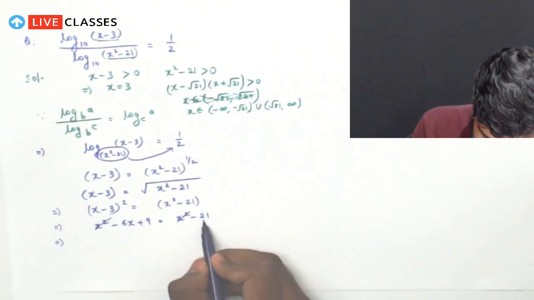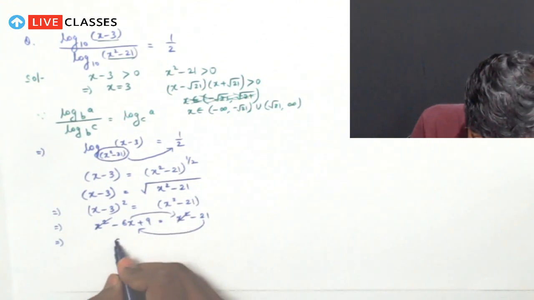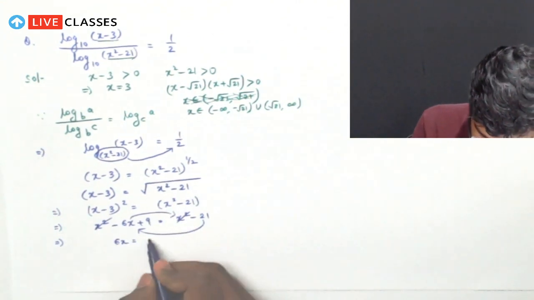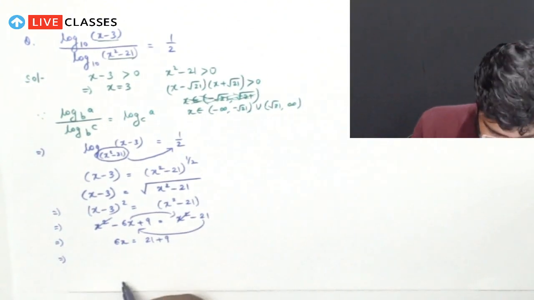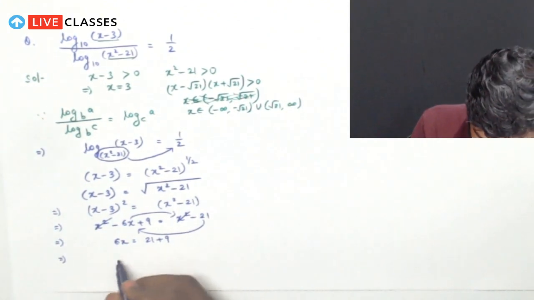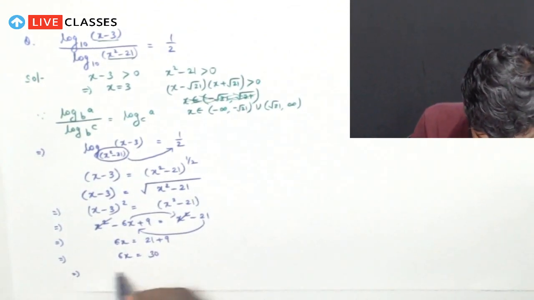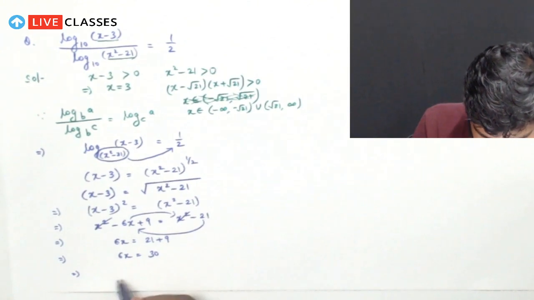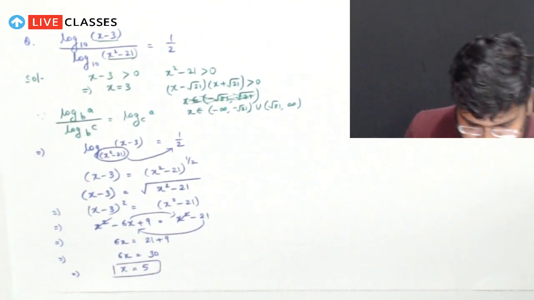You can send minus 21 to this side and minus 6x to the other. You'll get 6x is equal to 21 plus 9, and then 6x is equal to 30. That means x is equal to 5. So x is equal to 5 is one solution that we have obtained.